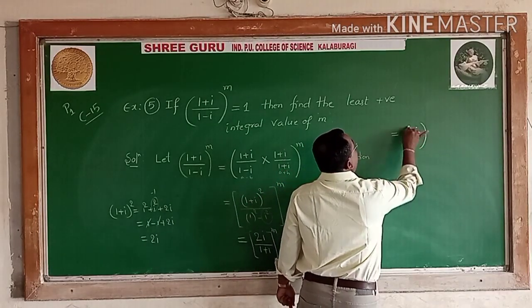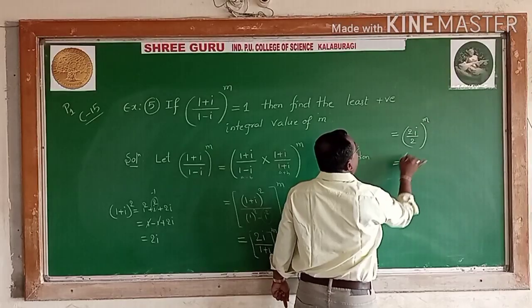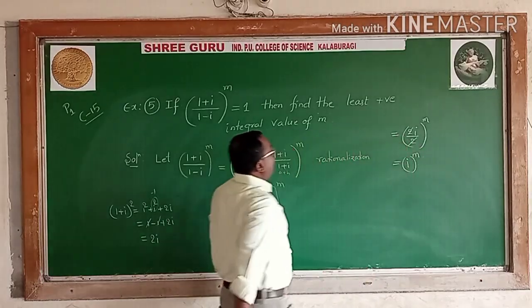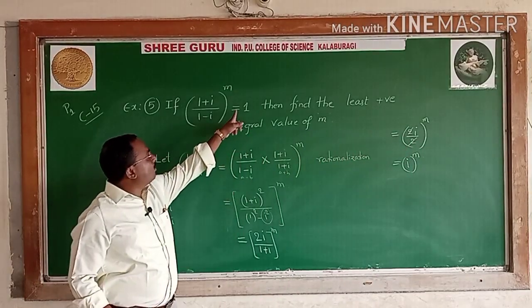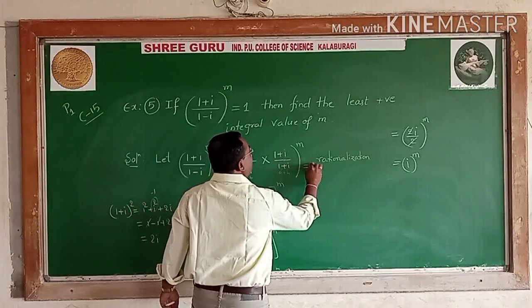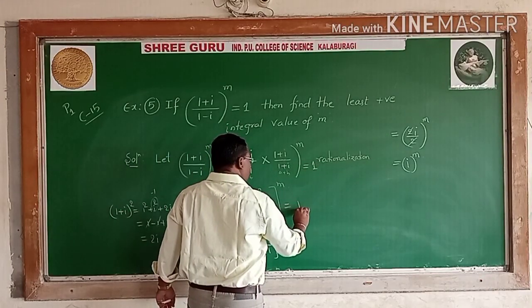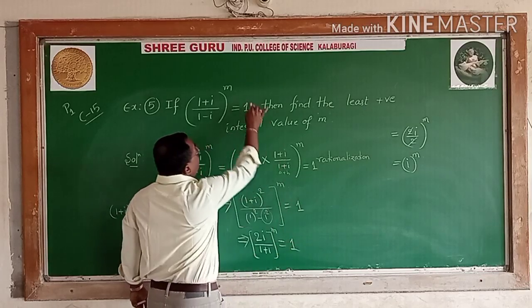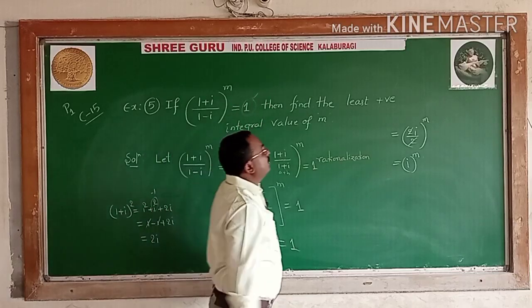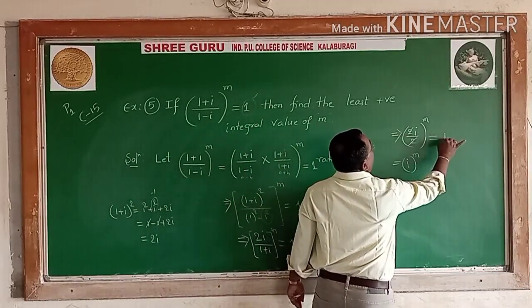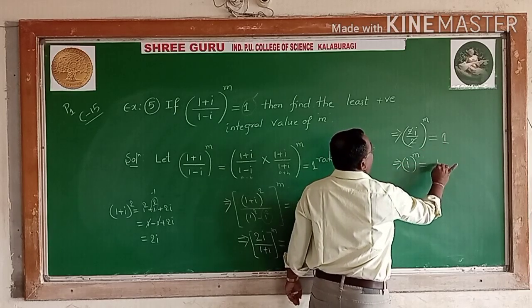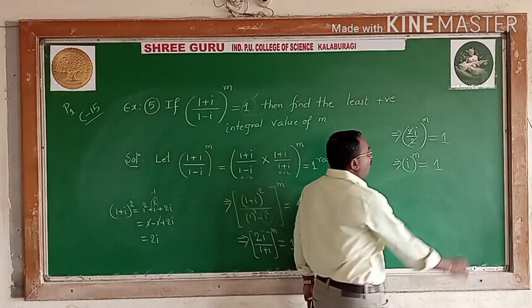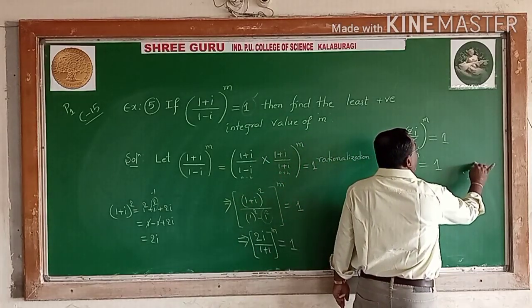2 gets cancelled, leaving i power m, which is equal to 1. The base is i, so convert 1 into base i. One formula: i power 4 is 1. So 1 can be converted to complex form, i power 4. I power m is equal to i power 4.